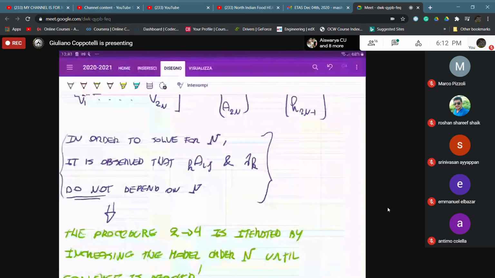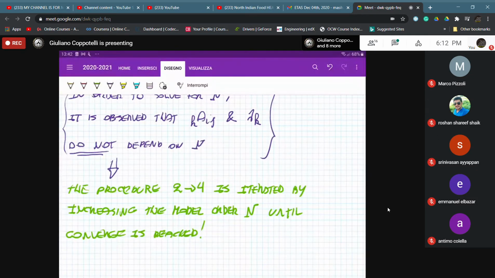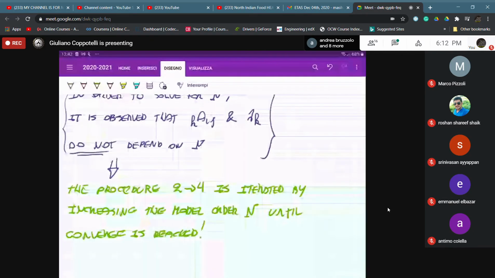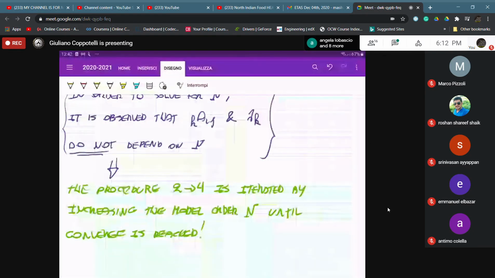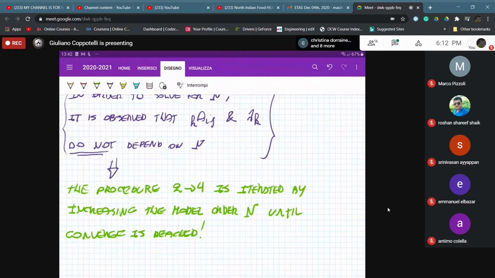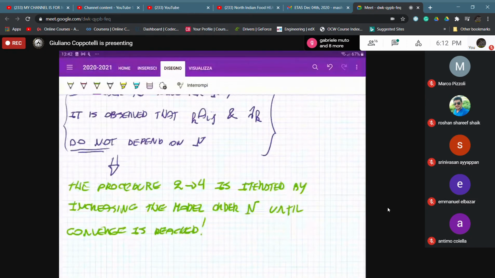Okay, that is, we are evaluating the poles of the system through a stabilization diagram, as it is called. Okay, that is, we are increasing the model order, and at each model order a certain set of model parameters will be identified, and those parameters are in general different from one model order to the next one.